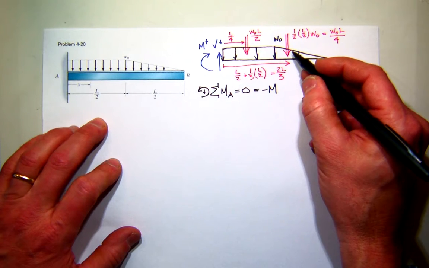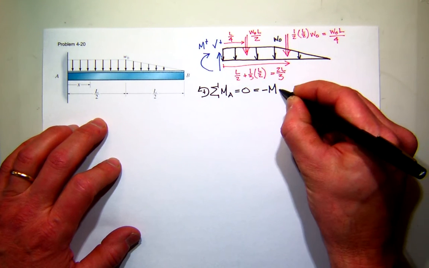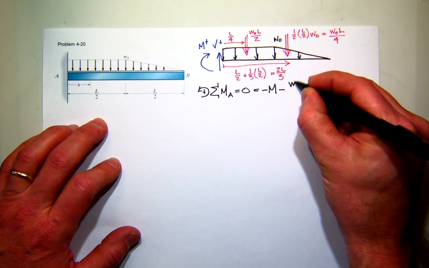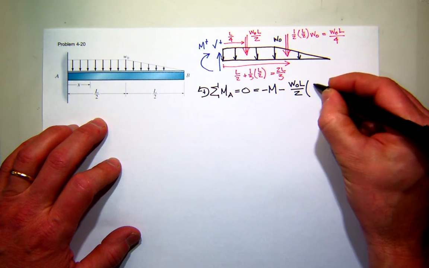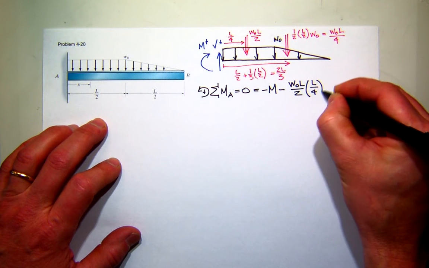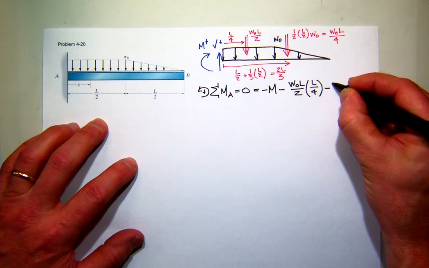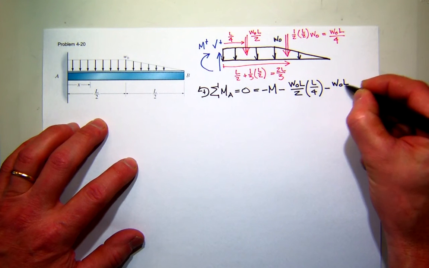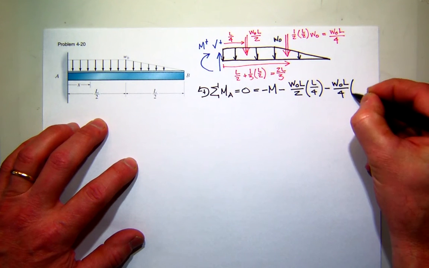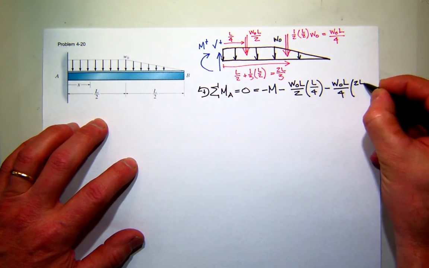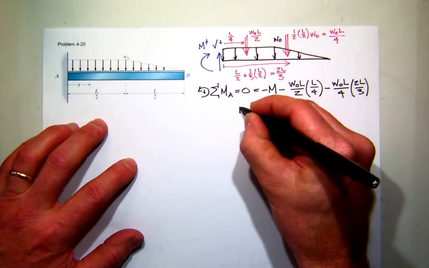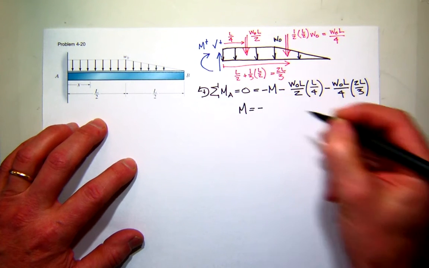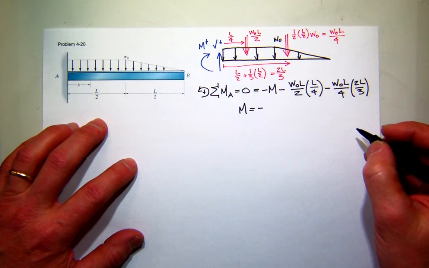All these forces also create negative. So the first force will be W naught L over 2, and its moment arm is L over 4, minus the triangular section, which is W naught L over 4, times its moment arm, which is 2L over 3. So the moment is going to be negative, and let's see, what is all this going to be?